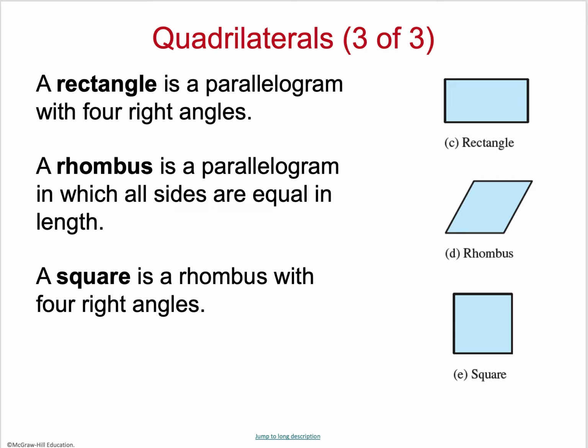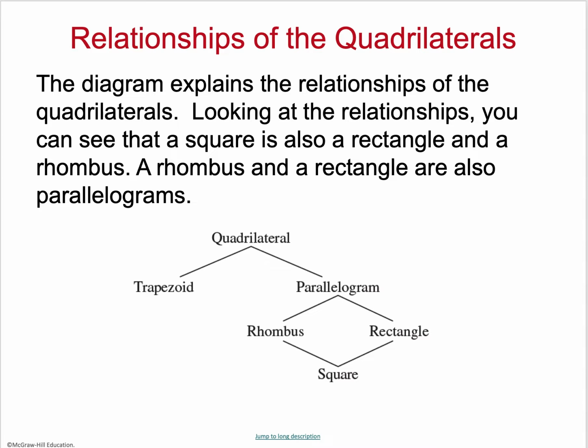Now, what's the difference in a rhombus and a square? In a square, all sides are equal in length, and there are 4 right angles. So the way that I look at the relationships of polygons is I can classify them with numerous things. Every 4-sided figure is a quadrilateral. Doesn't matter if it's a trapezoid or a parallelogram, it is also under the blanket of a quadrilateral.